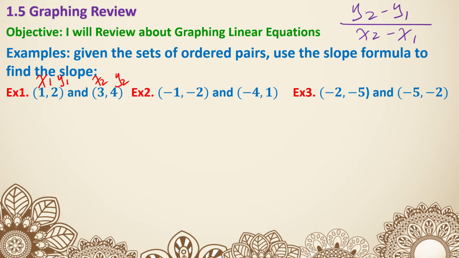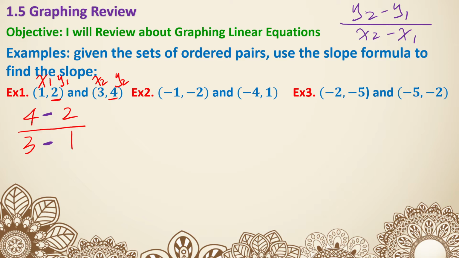Now we just need to put it inside the formula. y2 is 4 and y1 is 2. I do want to emphasize, no matter what kind of number we get, the middle needs to be a negative sign. Same thing with the bottom, the negative sign stays there. For the x, x2 is 3 and x1 is 1.